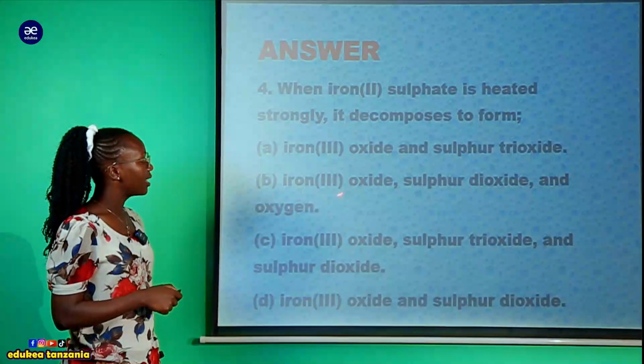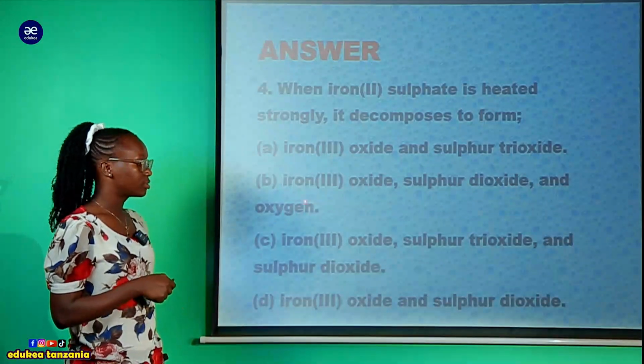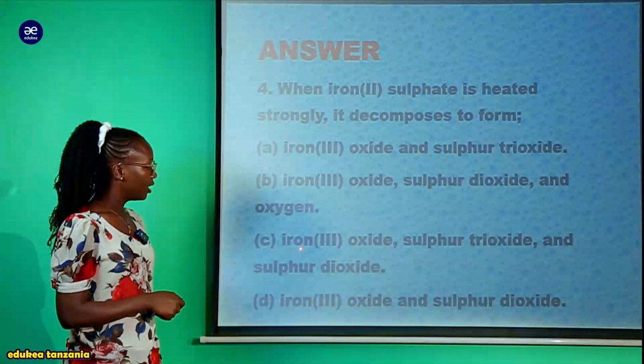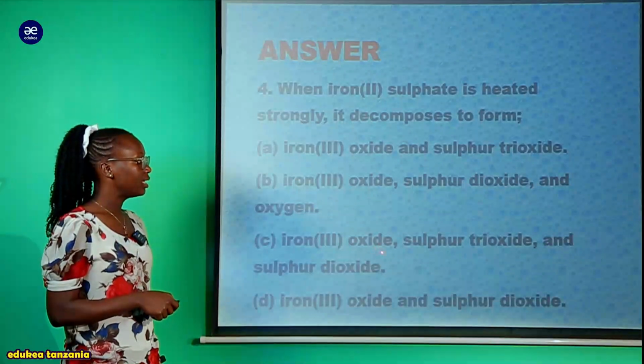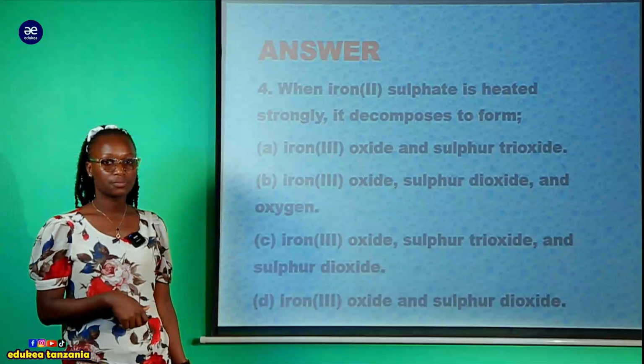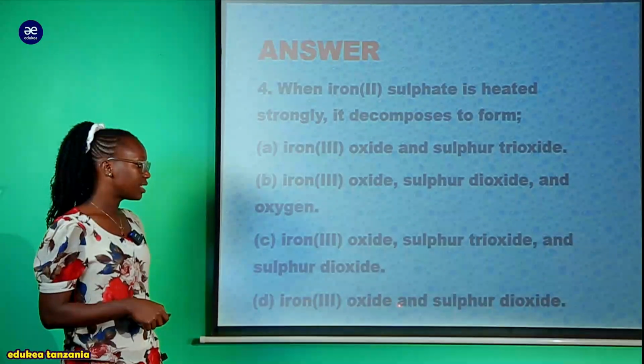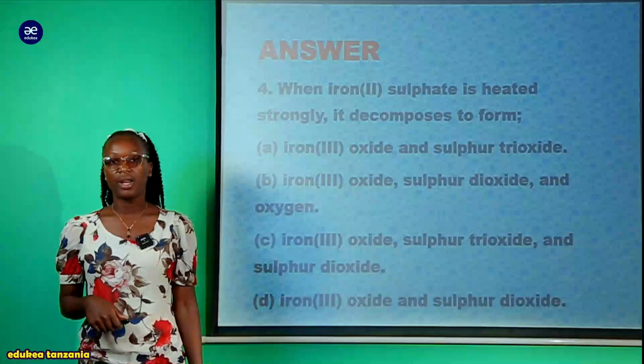B, you are given iron 3 oxide, sulfur dioxide and oxygen. C, you are given iron 3 oxide, sulfur trioxide and sulfur dioxide. And D, you are given iron 3 oxide and sulfur dioxide.